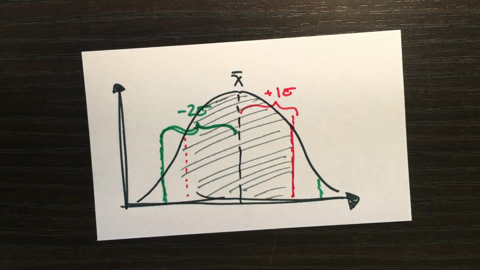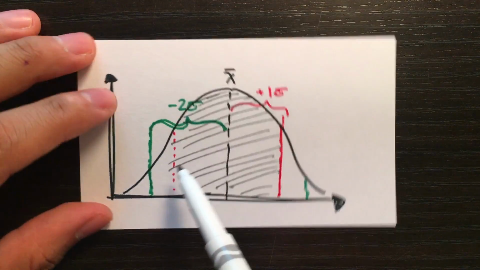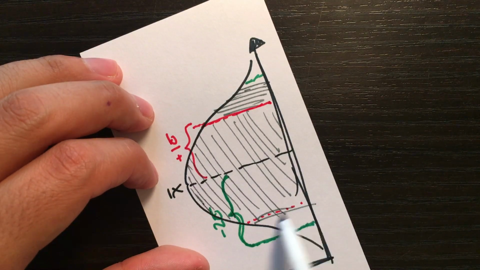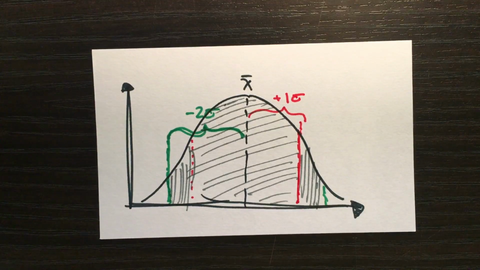Okay? If I go out 2 standard deviations, then I can actually grab all of this too. And that accounts in total for about 95% of the data. So standard deviation is sort of how far from your central cluster is a lot of your data.